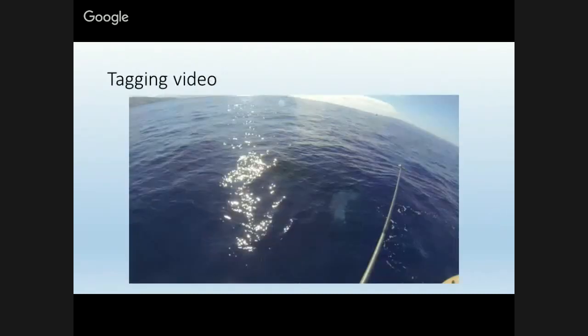All right, so this gives you an idea of what it's like to tag an animal. I'm on the front of a boat, and I've got this 25-foot long pole with the tag at the end of it. And this is a successful tag of a mom.